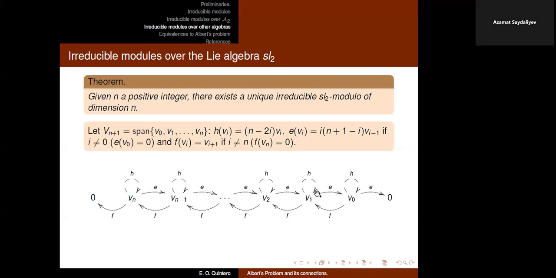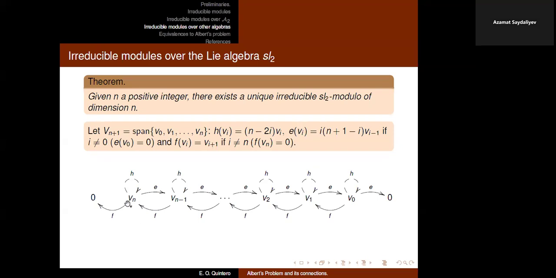The action of A goes to the right, the action of F goes to the left, and the action of H is scalar. And this picture helped us to construct irreducible modules for the zero algebra of dimension 4.